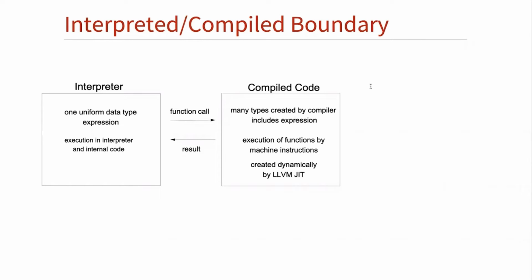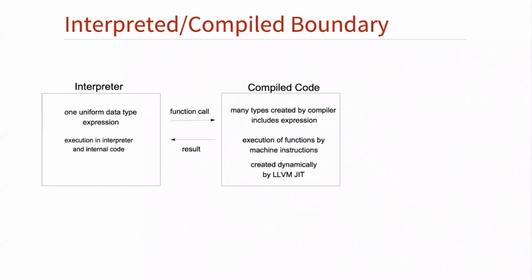Execution of functions is not in the interpreter, it's by machine instructions. It's like the processor, which takes instructions and executes them very fast. This is a gigahertz computer, so this is at the nanosecond level. In a microsecond, it's doing thousands of instructions. It's created dynamically by this technology called LLVM, and then computes the thing and returns the result.